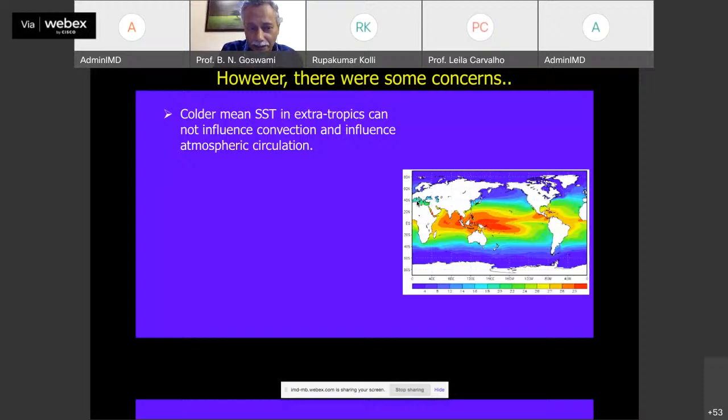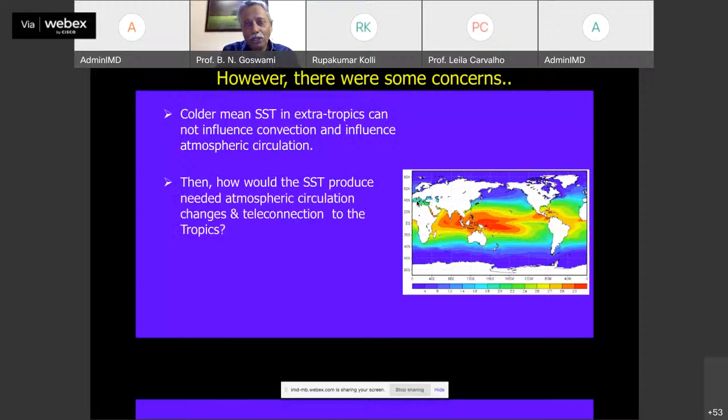That has been a major conceptual problem because, unlike the tropics, the variations in sea surface temperature over the extratropical region or the North Atlantic are much lower, and even a large change in SST does not change the evaporation so much, and therefore cannot influence the convection like it does over the tropics. Therefore, there is a question about that.